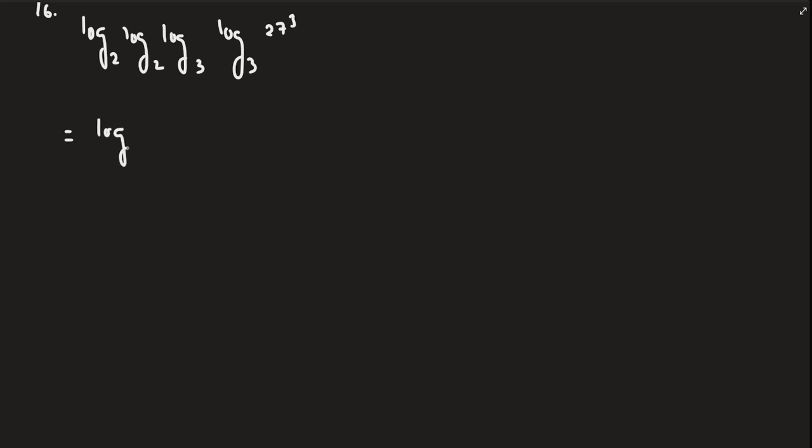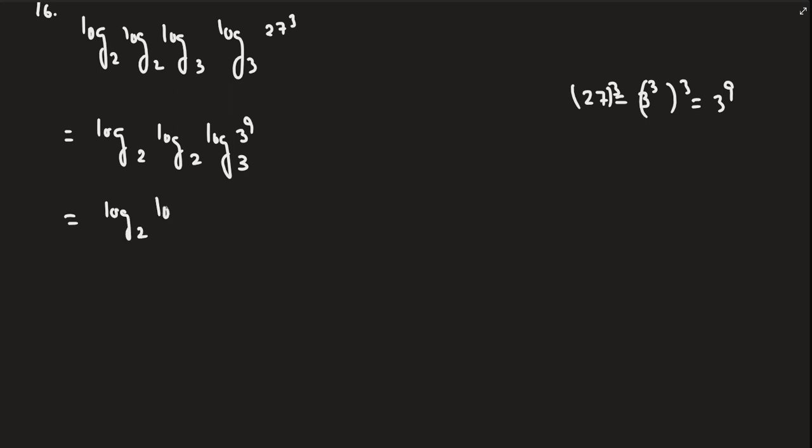So this log you can solve in this way. 27 is nothing but 3 to the power 3, and with one more power there, you have 3 power 9 only. So 3 to the power 9. So you have log 2, again log of 3, and here this 3 has power 9.